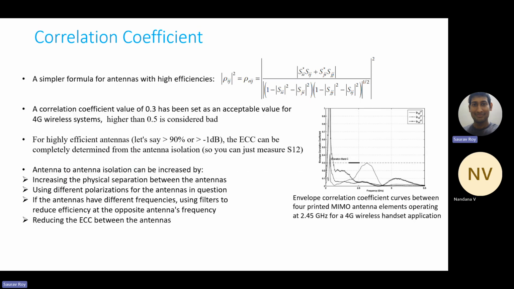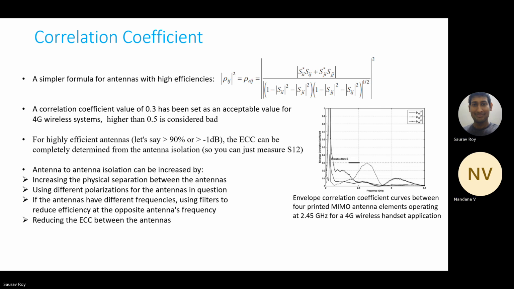Okay. So now that we know the problems, how to improve this? It says antenna isolation can be improved by increasing the physical separation between antennas. If you just keep the antennas at a larger distance, it should improve it, but it might not always be feasible, right? Because in our cell phone we have very small space. We have to make a compact device. We cannot just increase the distance between the antennas.